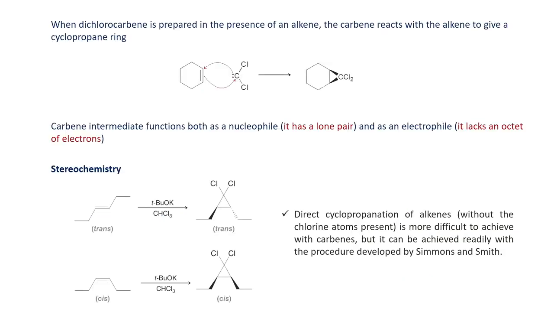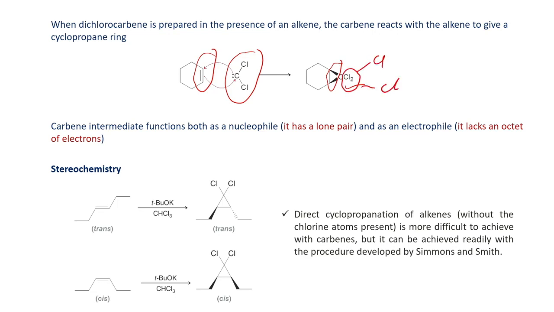So when your dichlorocarbene reacts with this double bond here, it will give you this cyclopropyl structure with a dichloro group present on it. So this is the drawback of the reaction with dichlorocarbene, because you get a cyclopropyl structure but it remains substituted, or the chlorine groups remain in the system.